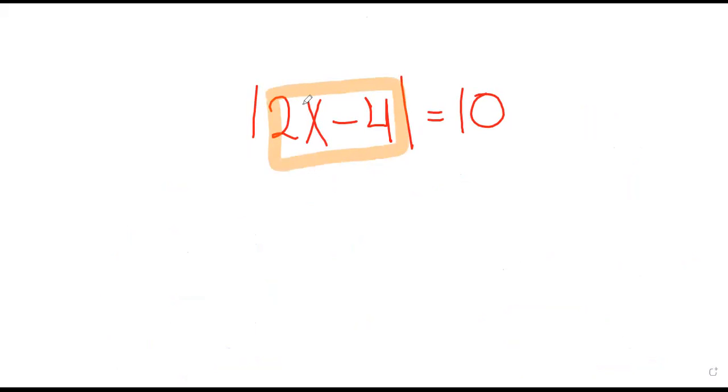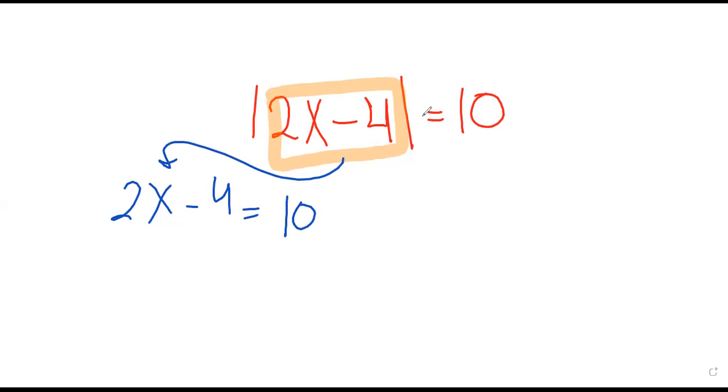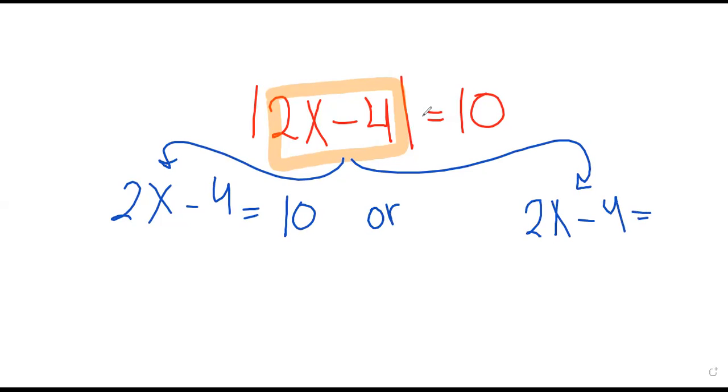Here, this expression is 2x minus 4. So this is the first case: 2x minus 4 is equal to 10. Or what is the second case? The second case is 2x minus 4 is equal to minus 10.